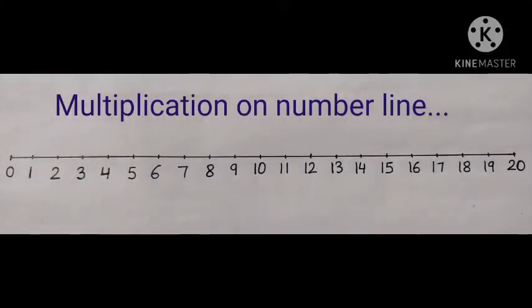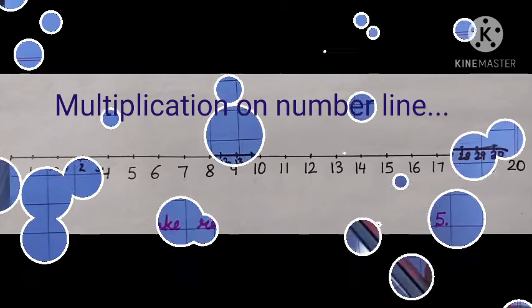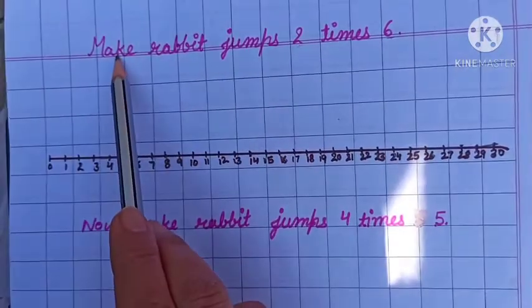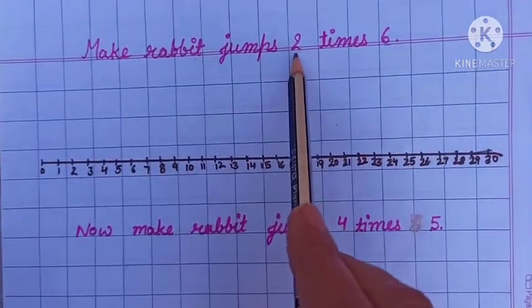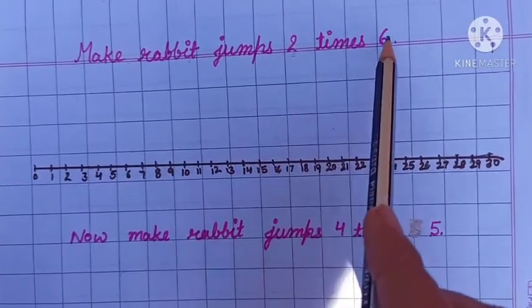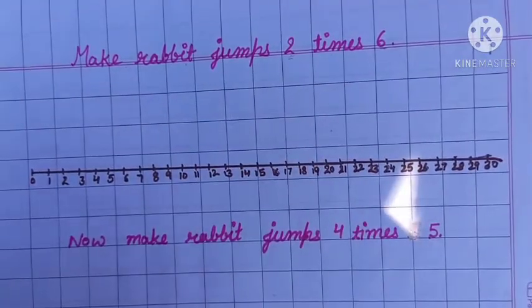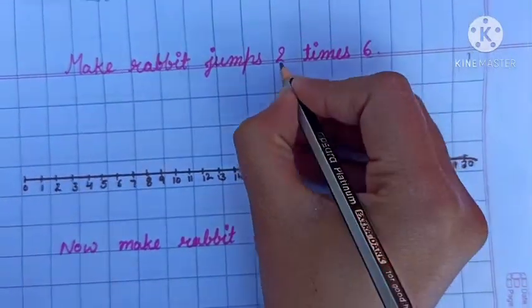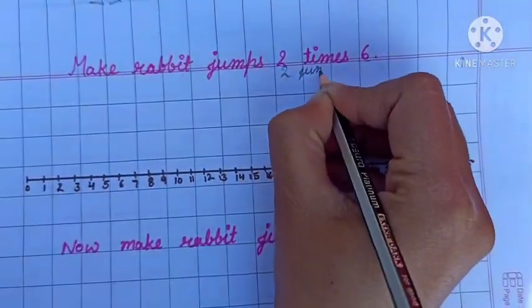Now let's understand how we can do multiplication on a number line. So first we need to read the question. Make rabbit jumps 2 times 6. So it means 2 jumps of 6.